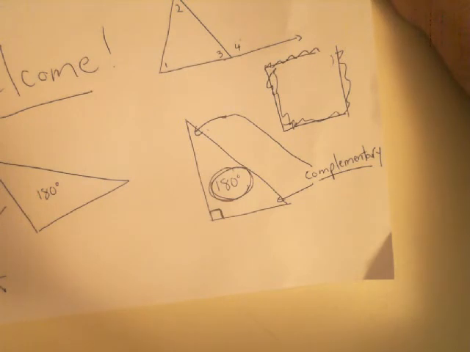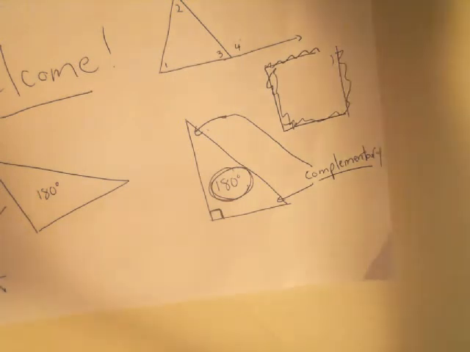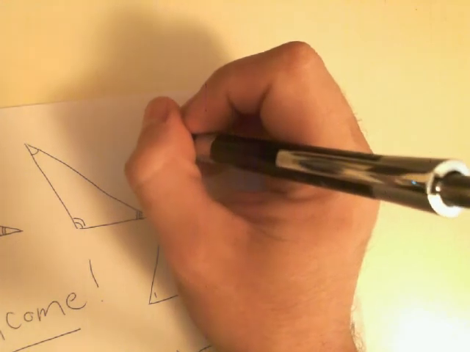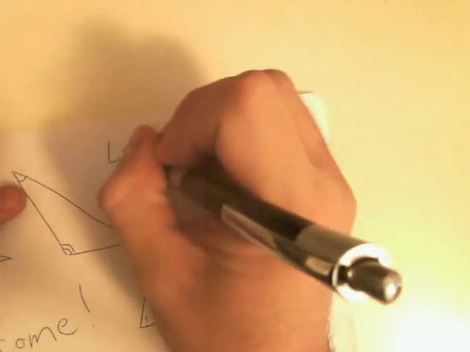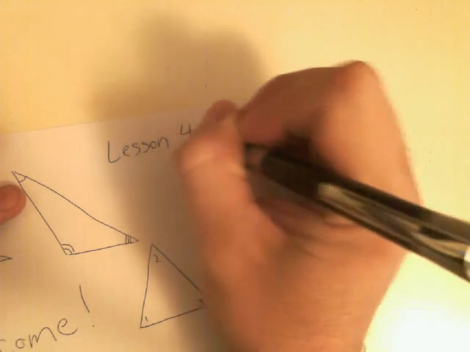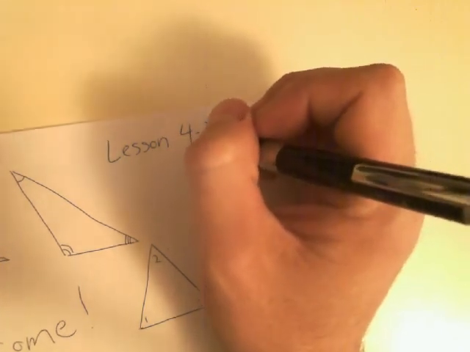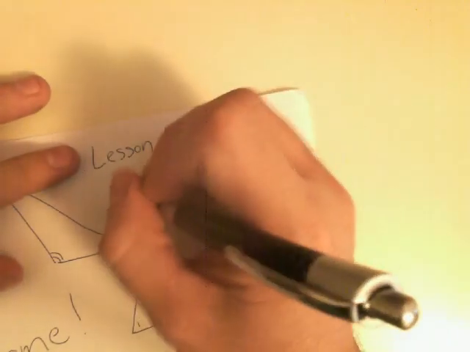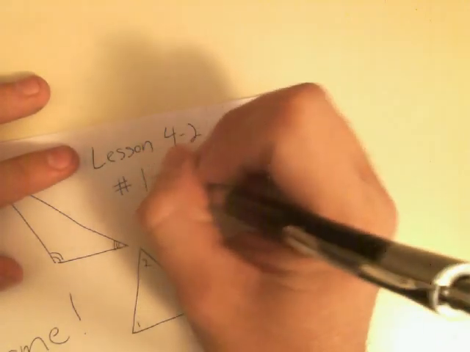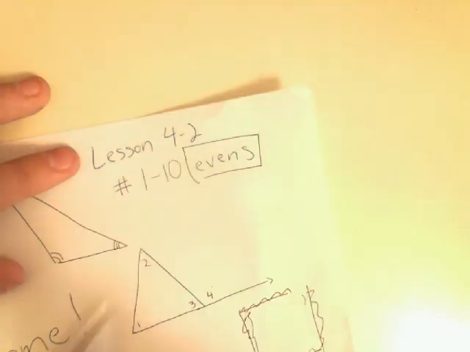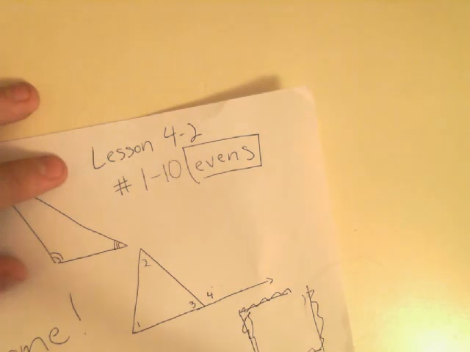That's numbers 1 through 10. Well, let's make it nice and short. Let's do numbers 1 through 10 evens. So that's only 5 problems. And bring those into class. I'll give you some points for it, and then we're going to work on it a little more.